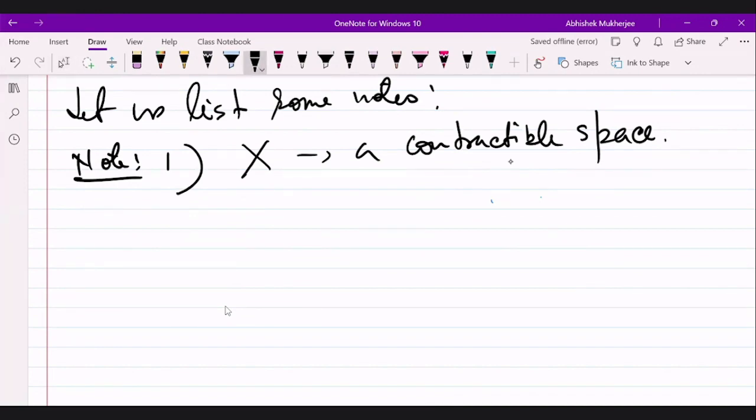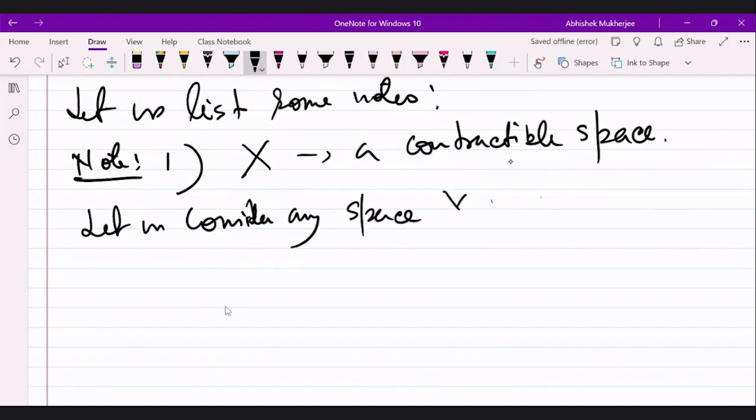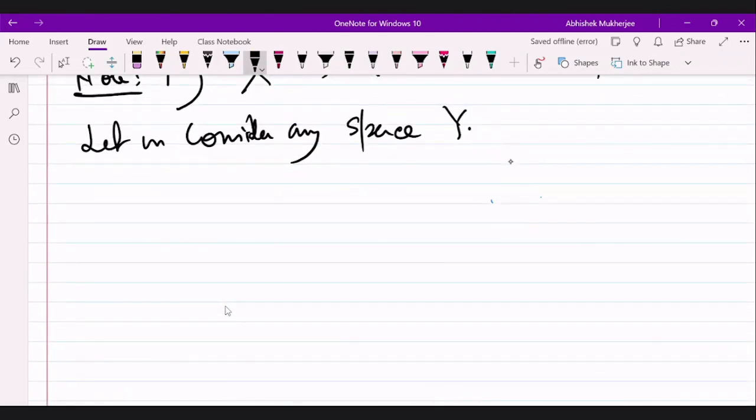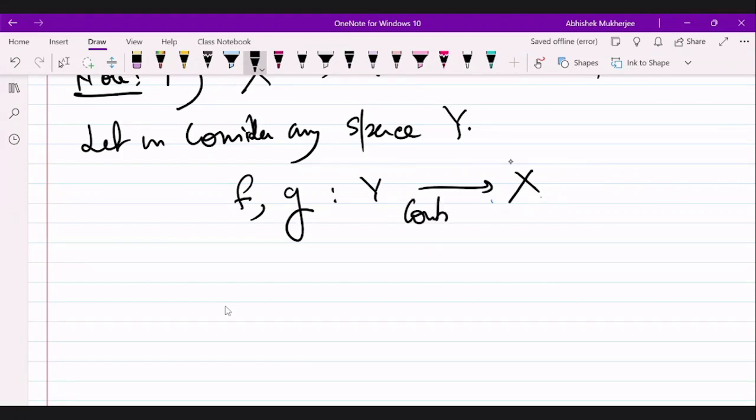Now let us consider any space Y, and from Y to X, we are taking two maps. Suppose one is F, another one is G. Okay. Two continuous maps.